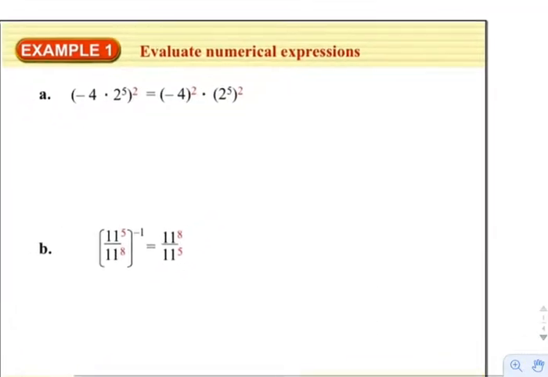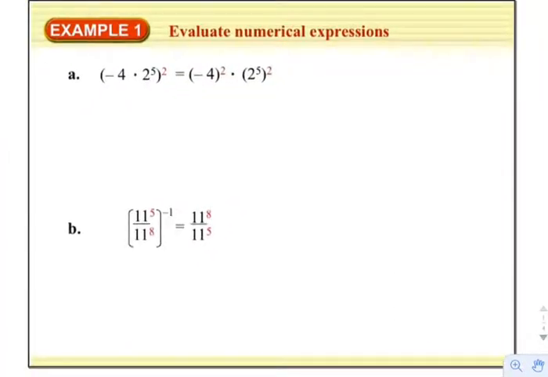Example number 1, we're going to look at today a couple different ways to simplify exponential rules, but just to give us a taste in the beginning, we have this problem, negative 4 times 2 to the 5th quantity squared. And when you simplify that down, you break it out, really what that means is that the squared is being applied to the negative 4 and to the 2 to the 5th.